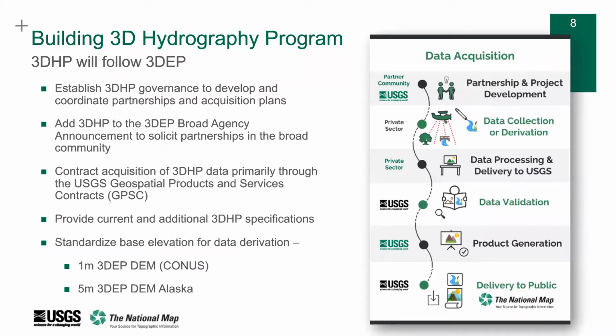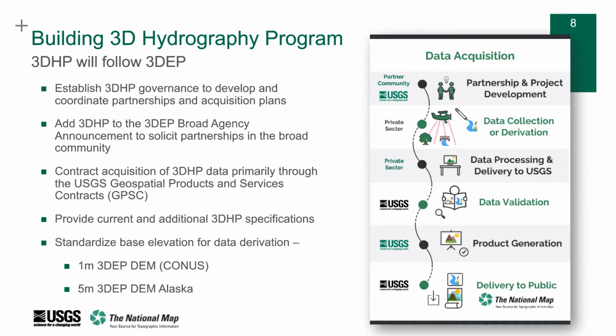And so we're designing the 3D hydrography program to follow 3DEP. Anybody who's familiar with 3DEP knows we enter into partnerships with our state, local, federal, tribal, and private entities to collect data in high priority areas, and to complete coverage for the nation.